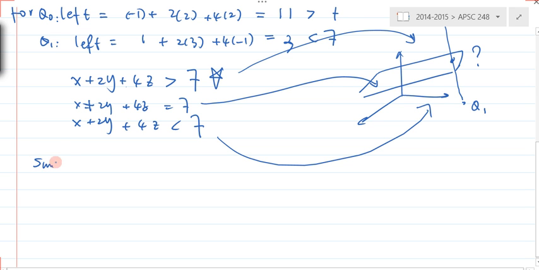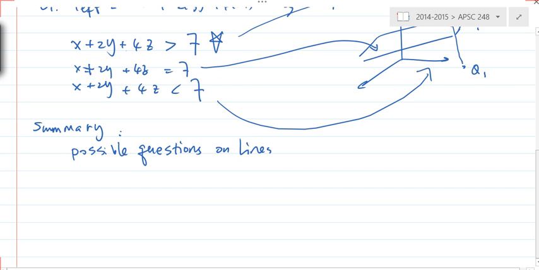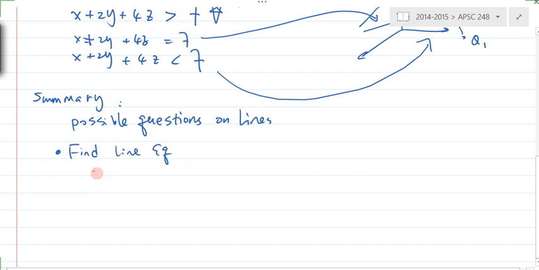So let me summarize a little bit regarding the possible questions on lines. If you're required to find a line equation, you look at the question: what conditions are given?